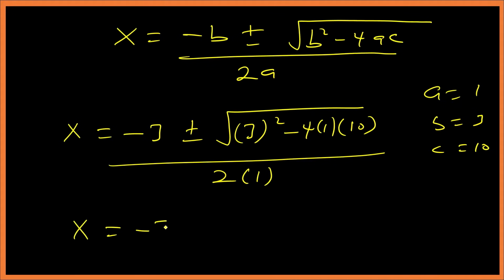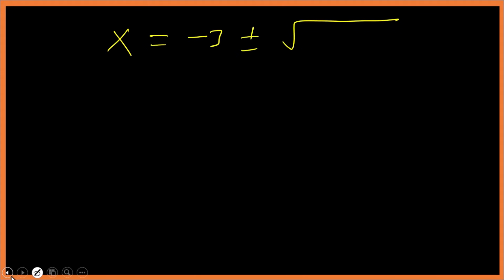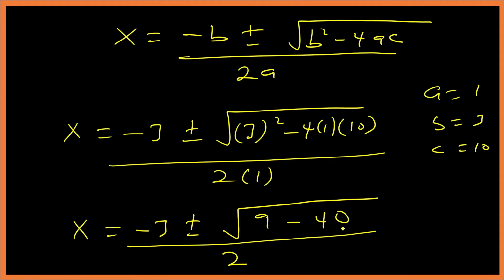So minus 3 plus or minus, 3 squared here will be 9 minus 40, on 2. Now 9 minus 40 will be minus 31, so we have minus 31 on 2.